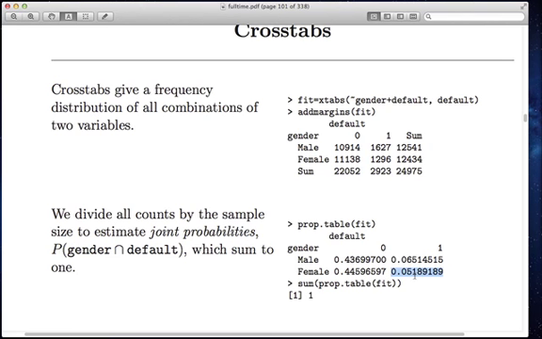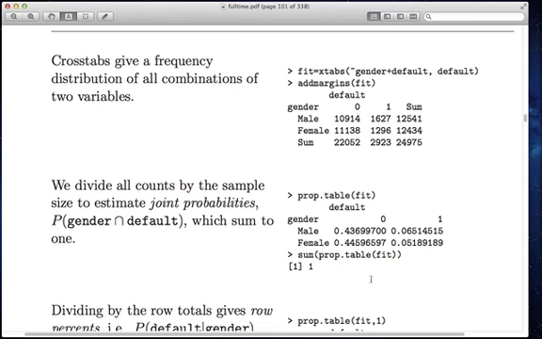We can say that 5.189%, or 5.2%, of the entire population is female and defaulted. Let's do this one: 43.7% is male and did not default. The sum of these four numbers should equal 1, and sure enough, it does. I challenge you to add those up on your own, and you should see that they add up to 1.